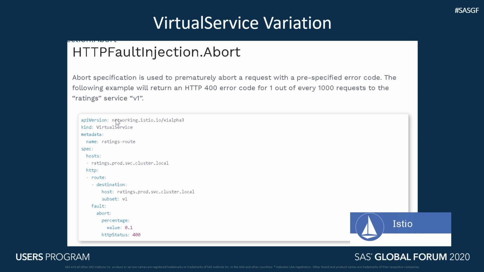You can see here again, it's a virtual service type of object. You can see the same kind of Kubernetes definition as before. You see the host there. Again, think of that as the local Kubernetes service, with cluster.local on the end of it. And then you see we have a route, and periodically, every 1 out of every 1,000 requests, we're going to send back an HTTP status code of 400.